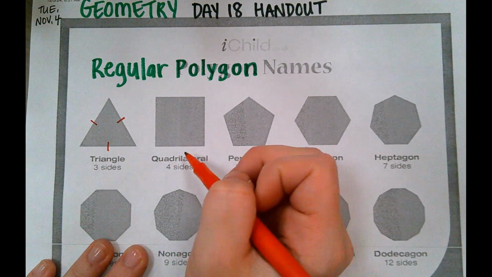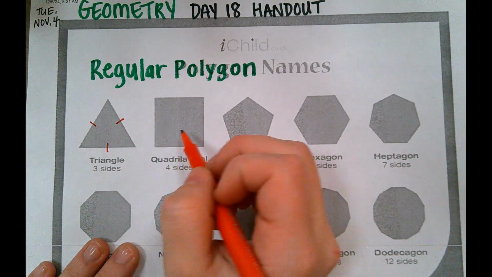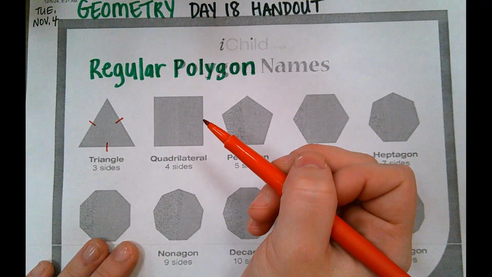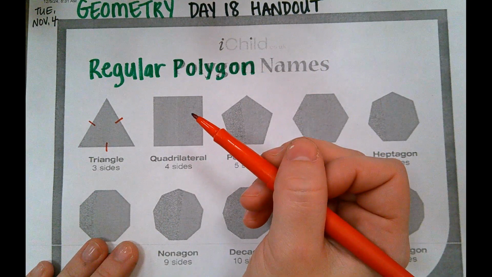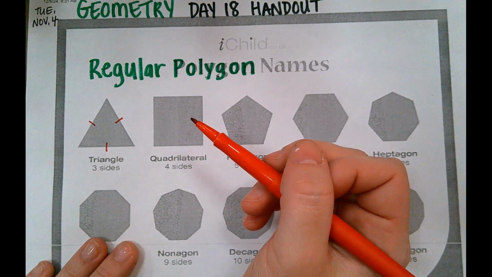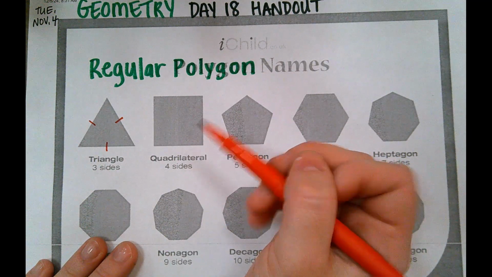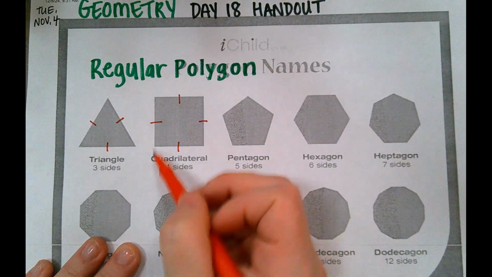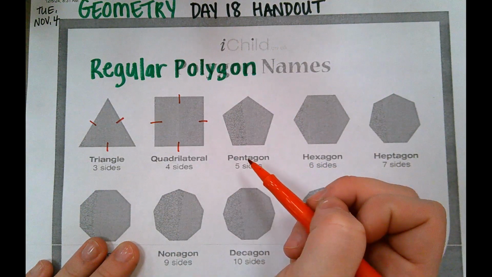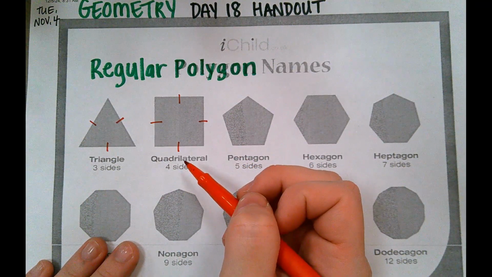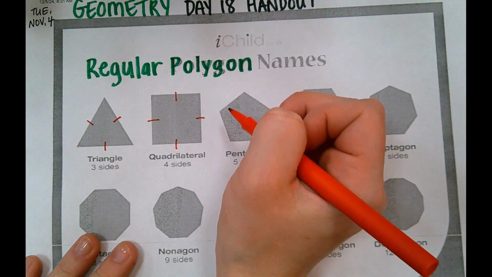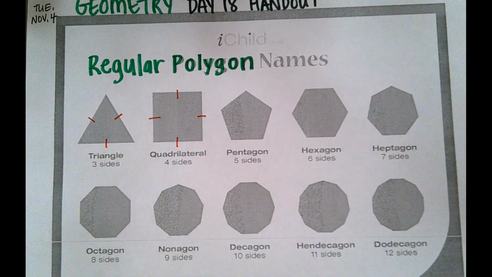A quadrilateral that is a regular polygon, what would this specifically be? Could I give this a more specific name? If all 4 sides are the same length and all 4 angles are the same size. Square, I heard somebody whisper it. This is a square. It is a square.